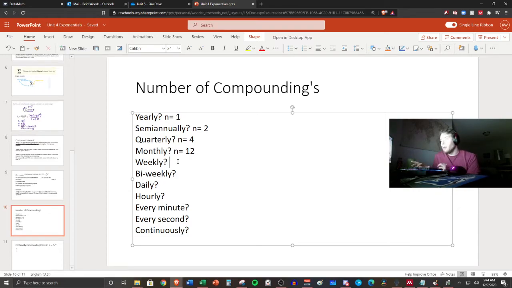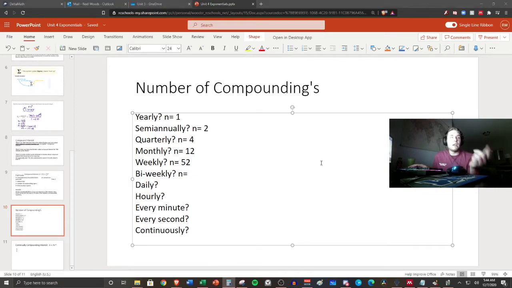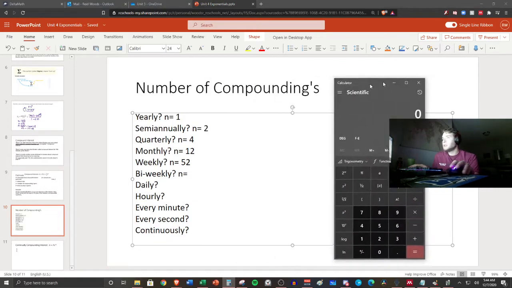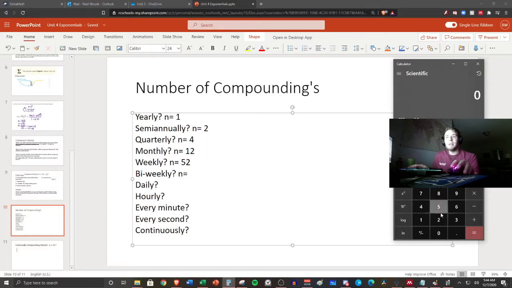So what would happen weekly? What is weekly compounding? Well, there's 52 weeks in a year, right? Bi-weekly means every 2 weeks. Some of you have jobs and you get paid bi-weekly. So that means it's not every week, we're getting it every 2 weeks.